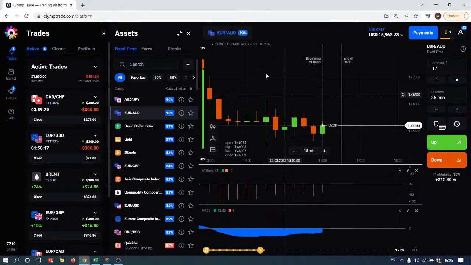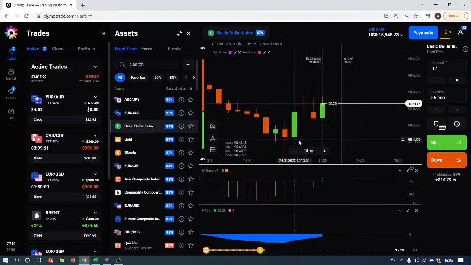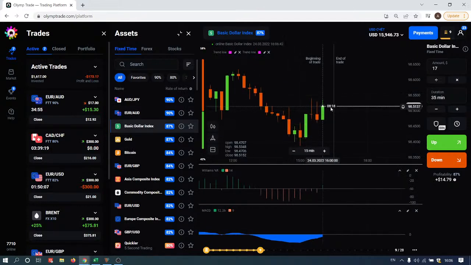First of all, on the Euro AUD, I have a downwards signal, so I press this down button. On the Basic Dollar Index, I don't have any signal right now because the Williams %R indicator is pointing upwards and the MACD line is located under the midline, so it points downwards. So there is no signal here.